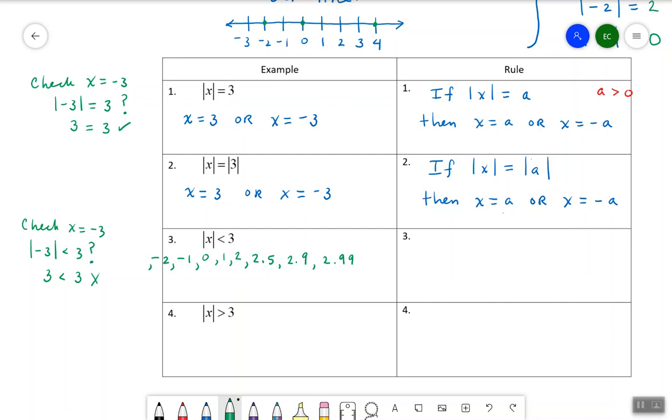And then similarly, at the left end of this list, you could have negative 2.5, negative 2.9, negative 2.99999.